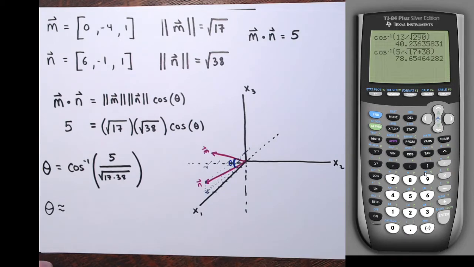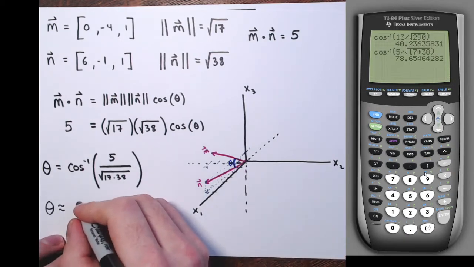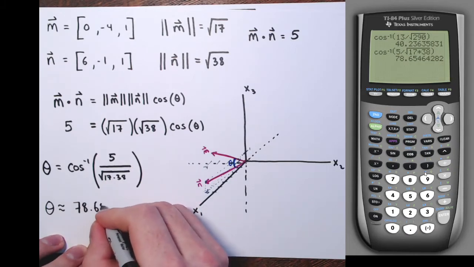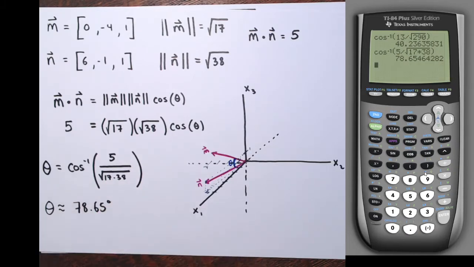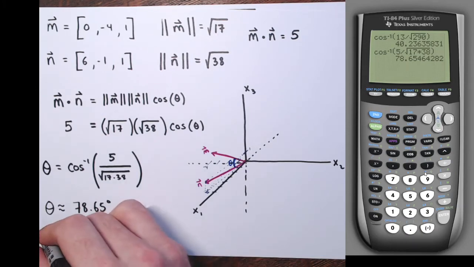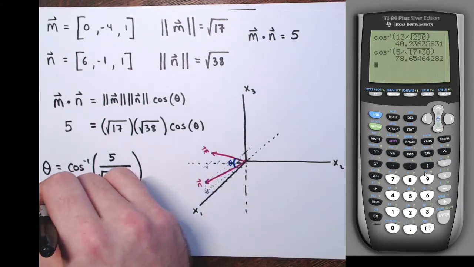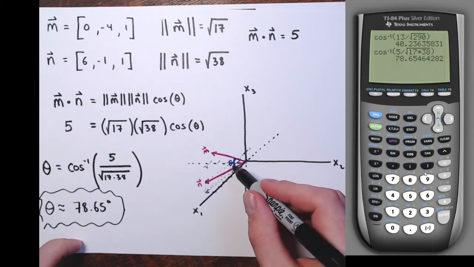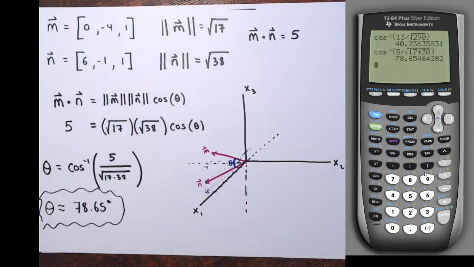So yes, it is an acute angle. This is approximately 79 degrees, 78.65 degrees. And again, I'm still in degree mode. So there's the angle between them, the angle formed by these two vectors in R3.